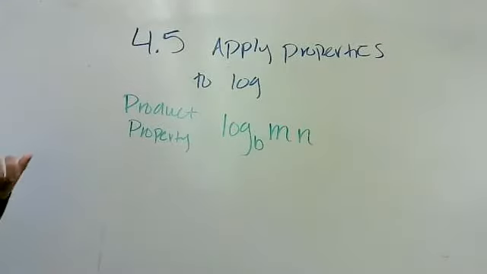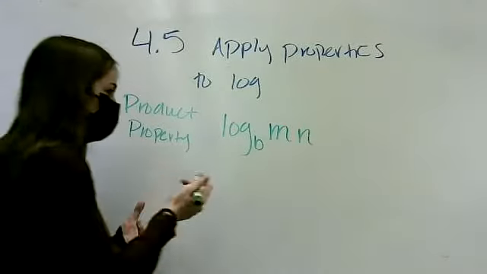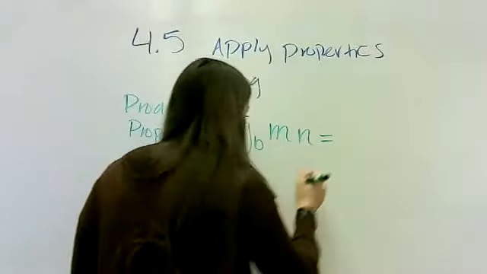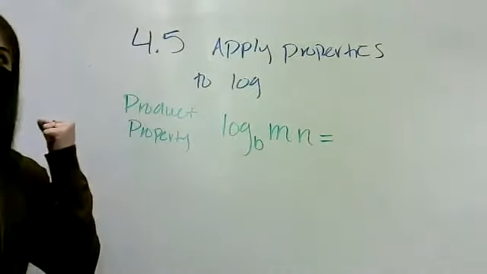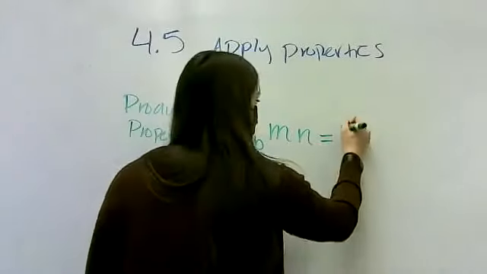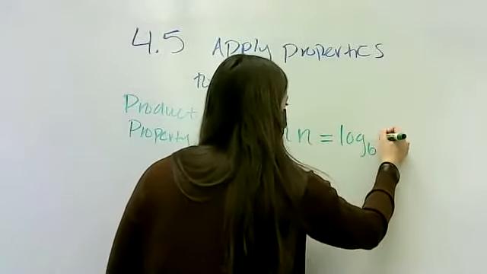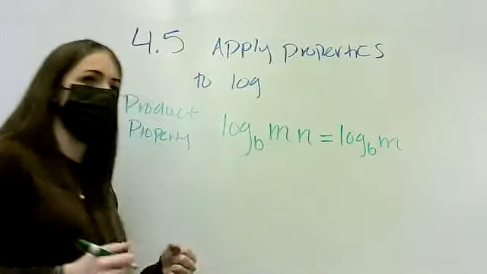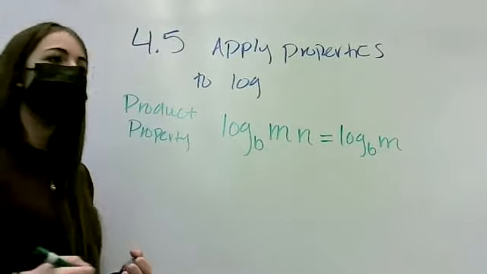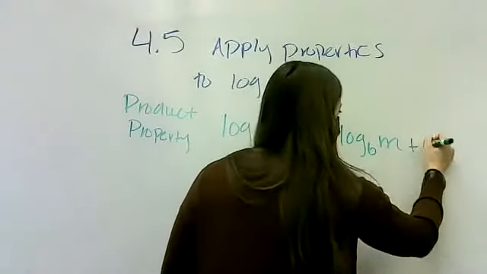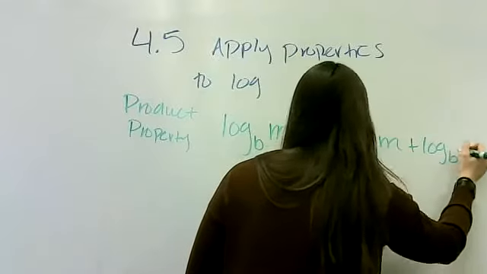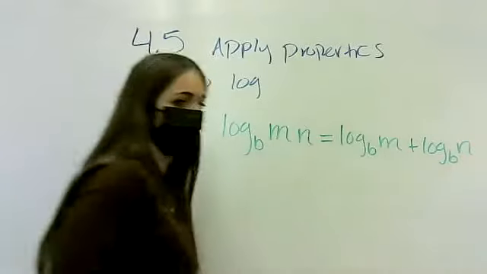So with the product property, you can instead turn this multiplication into addition, meaning I'm going to take log base b of my first term and my first term only, and I'm going to add that to log base b of my second term, which is n.